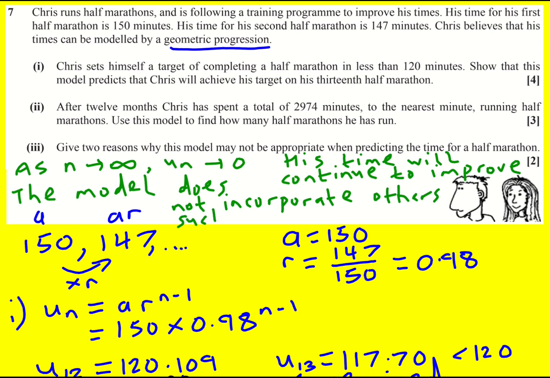So I said such as injuries, actually. Then I looked at the answers and I extended it and said conditions, which encapsulates the length of the course, the wind, the rain, and so on. Okay, so there we have it. Nice question on geometric series.